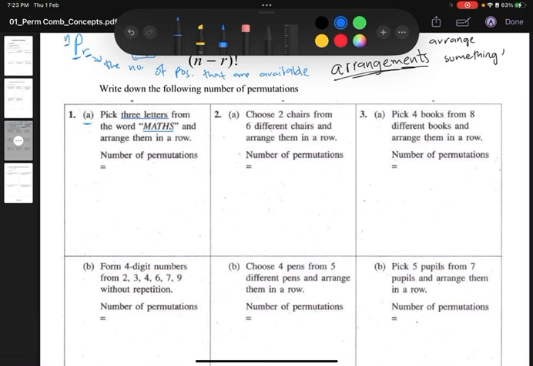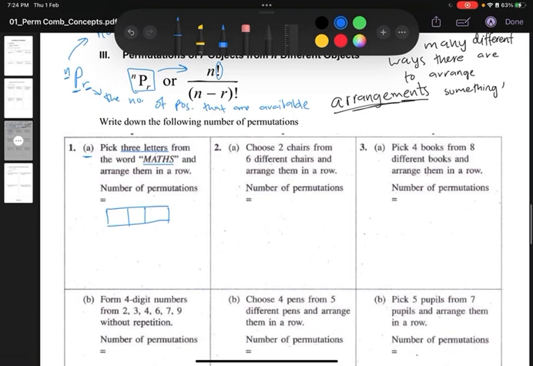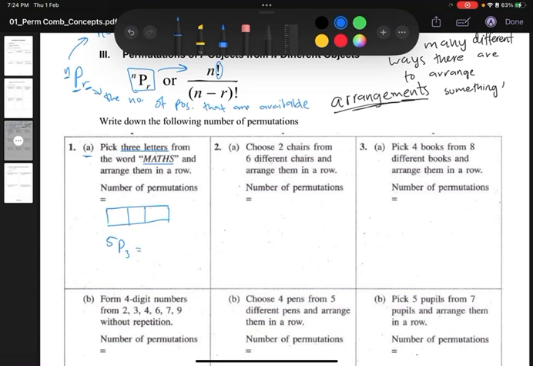So let's just draw some boxes with 3 positions available. So the word maths has 5 letters. And from the 5 letters, we're only going to pick 3. So if you put that into your calculator, you would get 60.